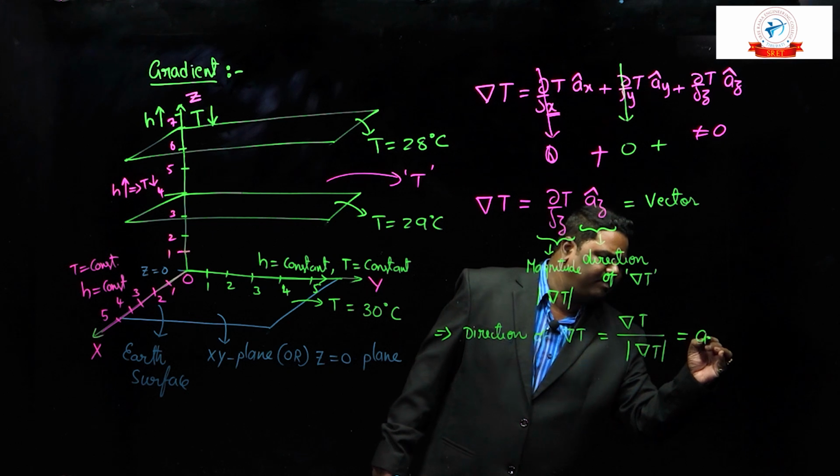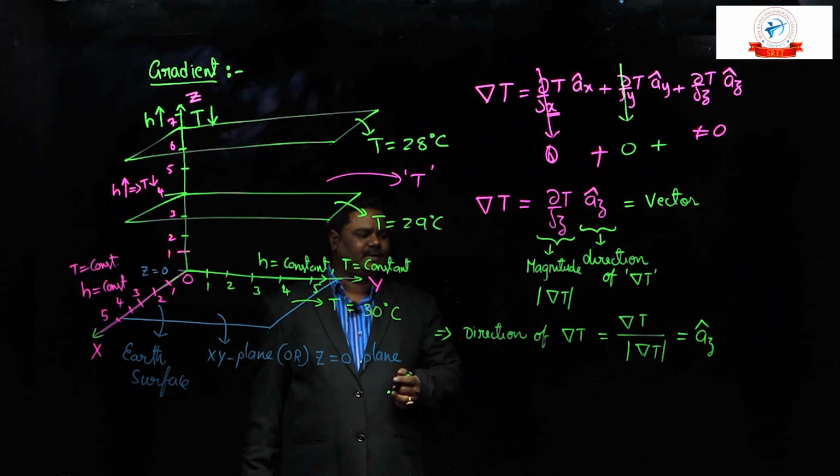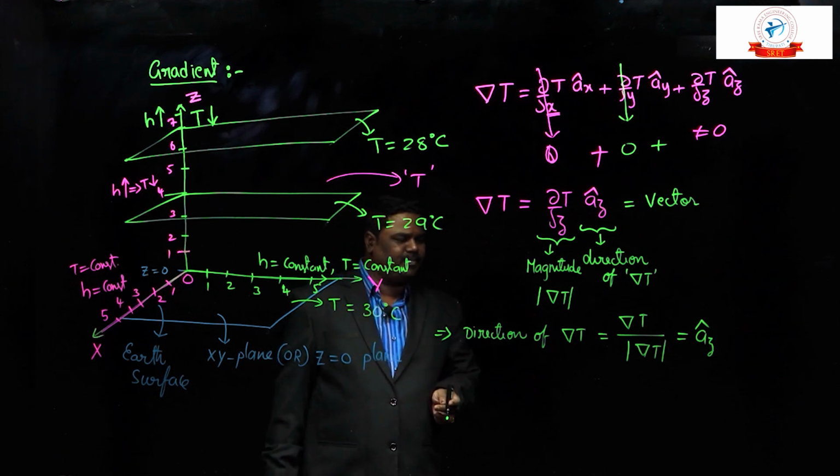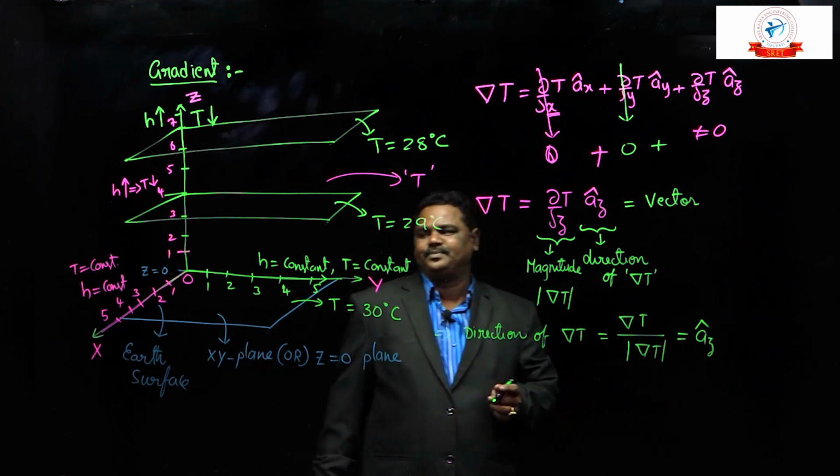In this example, we obtained that the direction of gradient of T is nothing but Az cap. So Az cap is given by gradient of T divided by its magnitude.